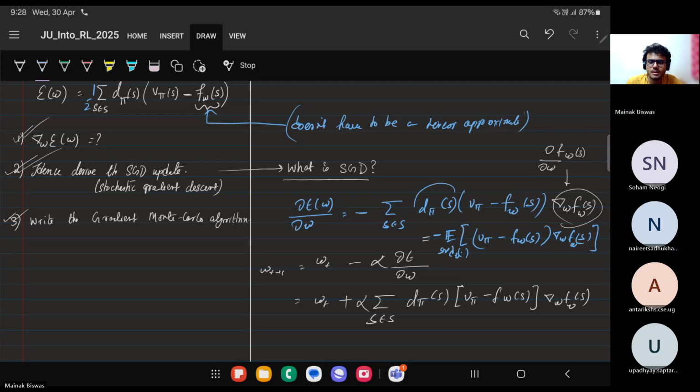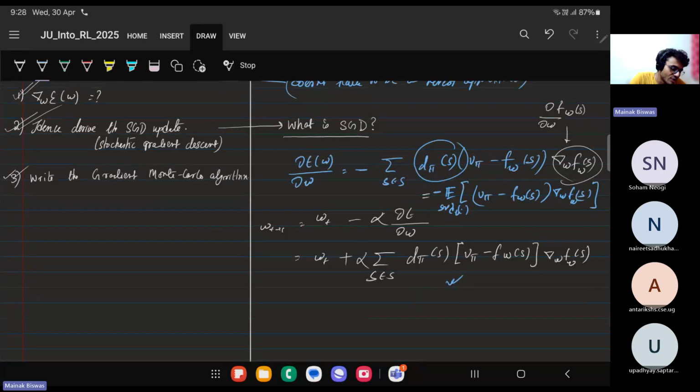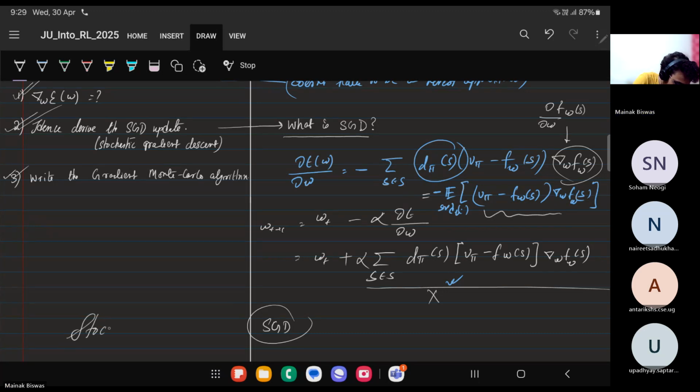Clear? Okay. So what I say is, in an SGD algorithm, we don't need to go over all the states. This is not required. We can just do a stochastic update. Whenever we have an expected value in gradient descent, we don't even need the entire expectation. This is called stochastic gradient descent. We'll prove it.